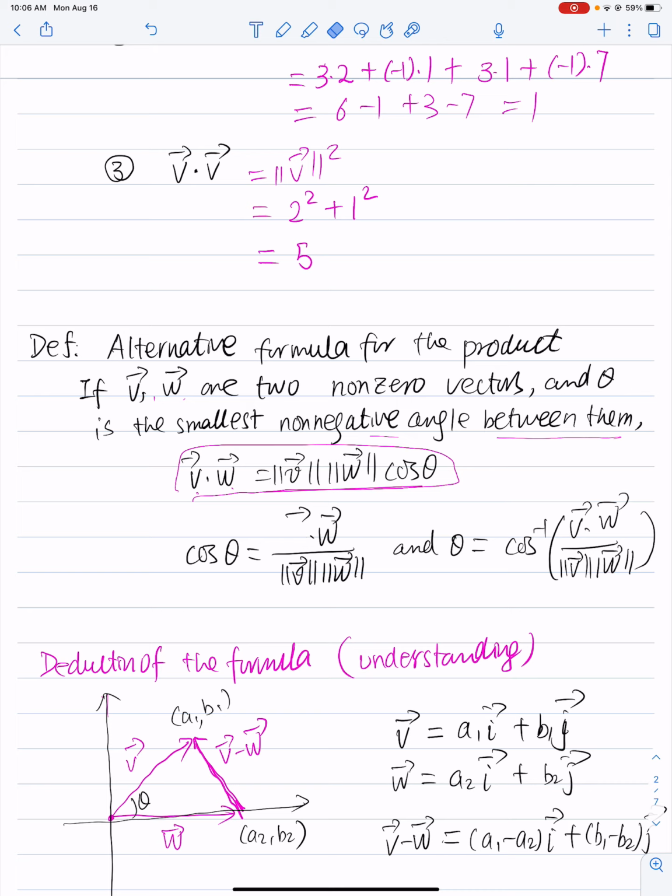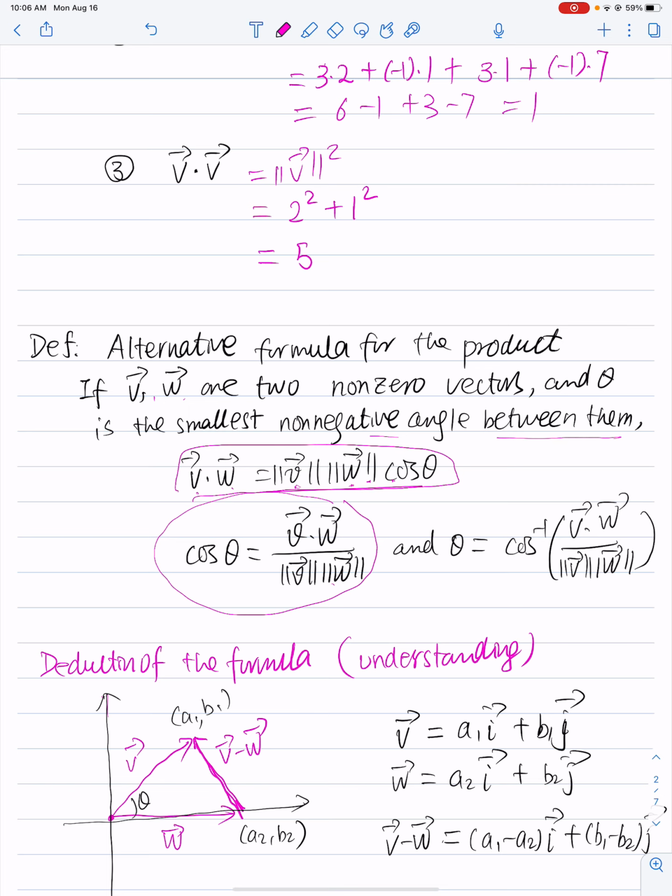If I give you two vectors and you want to find the angle in between, you can divide by the magnitudes on both sides to get cosine theta equal to this, and then theta equals cosine inverse.